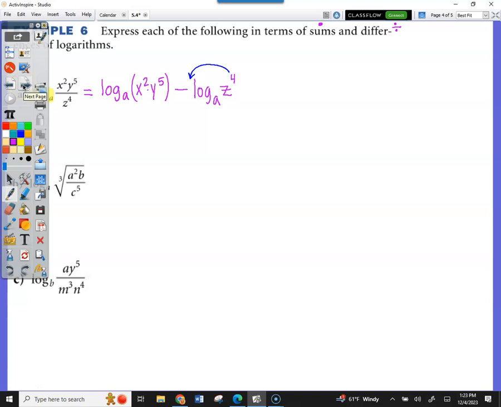Okay, so we have x squared y times y to the 5th. They are attached by multiplication, so I'm going to separate them by addition. Remember the block. This is log base A of 2 things being multiplied, so it's going to become log base A of something plus log base A of something, right?